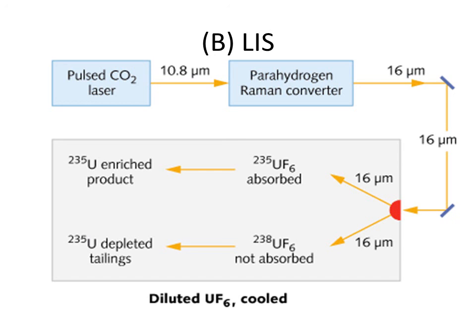Suppose you have a mixture of uranium-235 and U-238, and you want to separate it. Then in this case, a CO2 laser is used. It is emitting 10.6 to 10.8 micrometer. It is actually the starting laser, but there is a converter which will change the wavelength in such a way that it will be absorbed by this uranium.